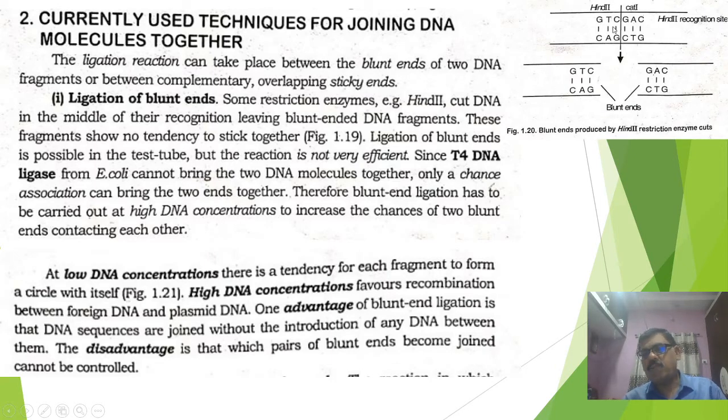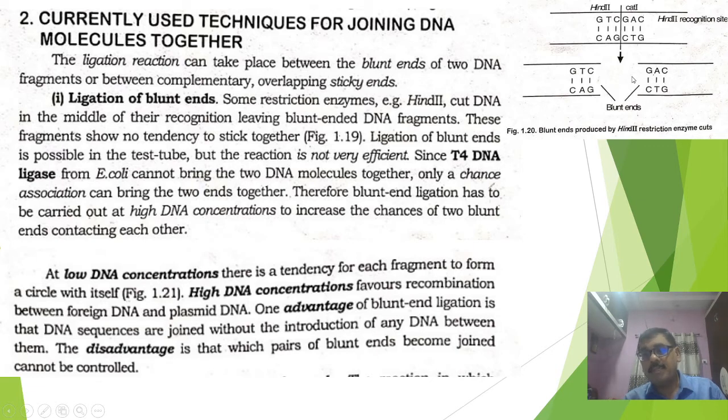In this figure, if you observe, this DNA is cut with the enzyme HincII. This is a recognition site, and we are getting two DNA fragments which are blunt ended molecules.